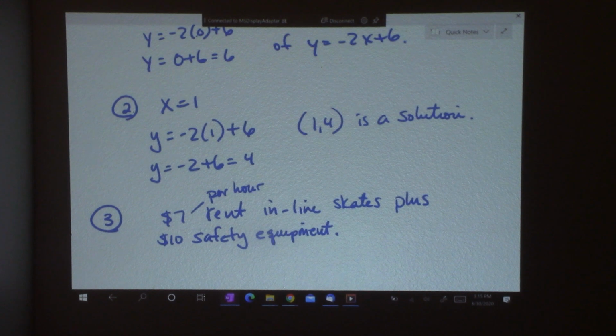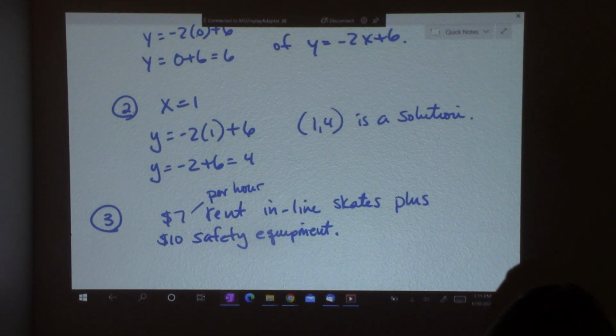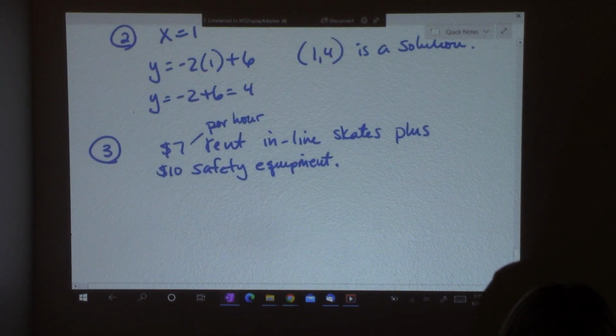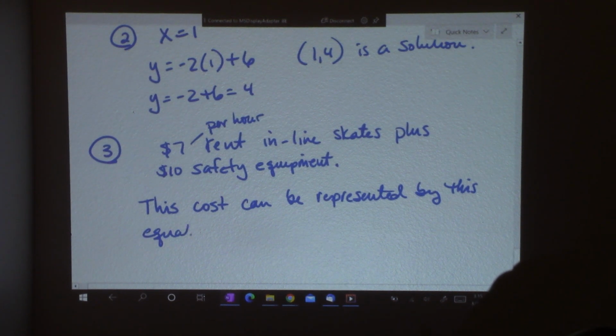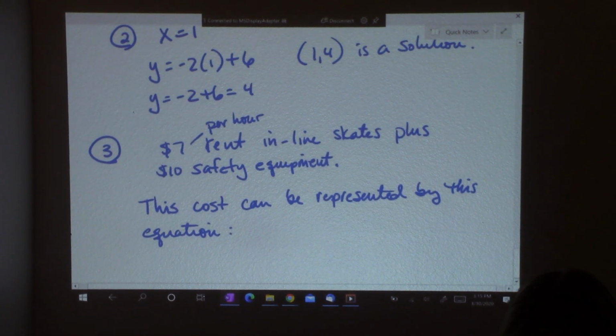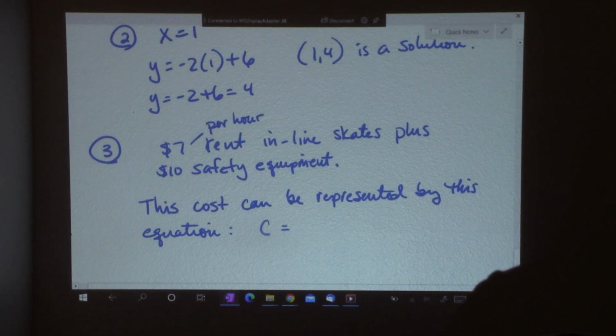Okay. So they tell you in the problem that this cost can be represented by this equation. And that is C equals 10 plus 7H.